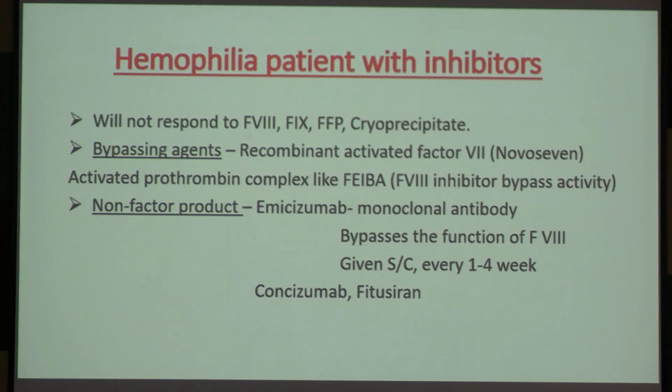So, we have to give the bypassing agents. What are they? Recombinant activated factor 7, NovoSeven, okay, and activated prothrombin complex like FEIBA, that is factor 8 inhibitor bypass activity. So, either NovoSeven or FEIBA. These are the bypassing agents we will give in case of patients with inhibitors.